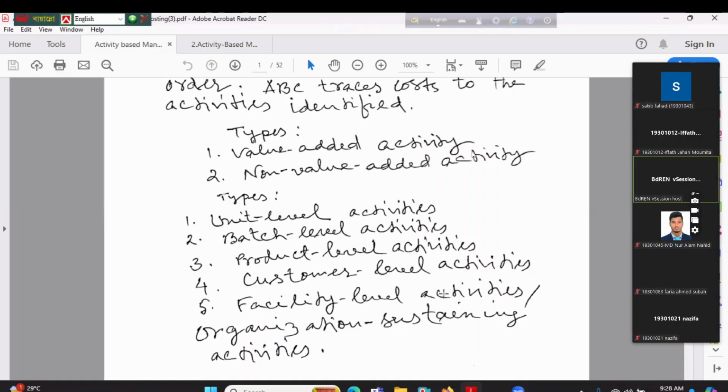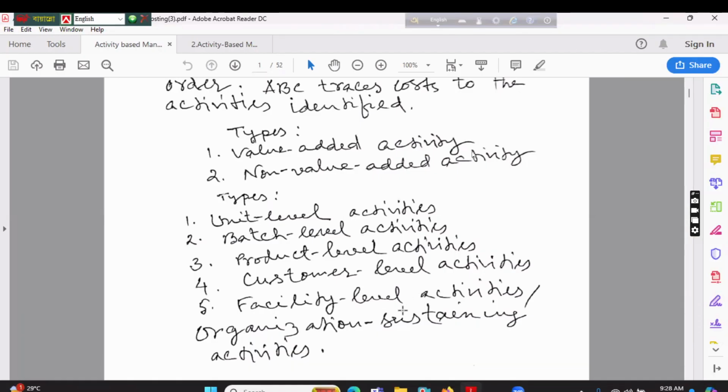Facility level activities are also called organization sustaining activities.